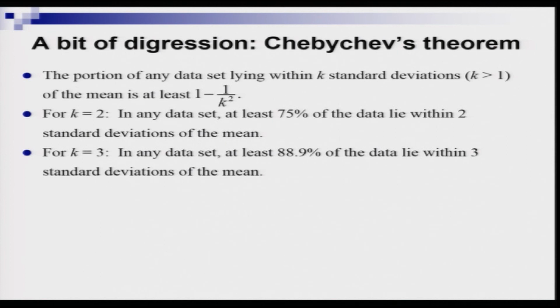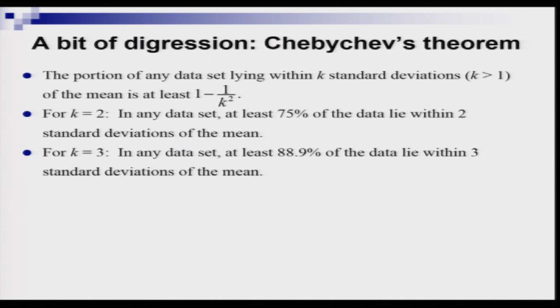If I now put the values k equal to 2 or 3, then for k equal to 2 we see that at least 75% of the data lie within 2 standard deviations of the arithmetic mean, and for k equal to 3, for any data set at least 88.9% of the data lie within 3 standard deviations of the arithmetic mean.